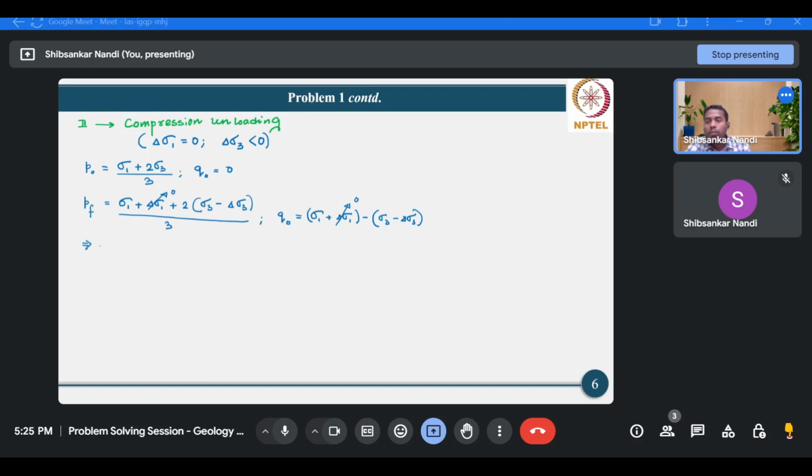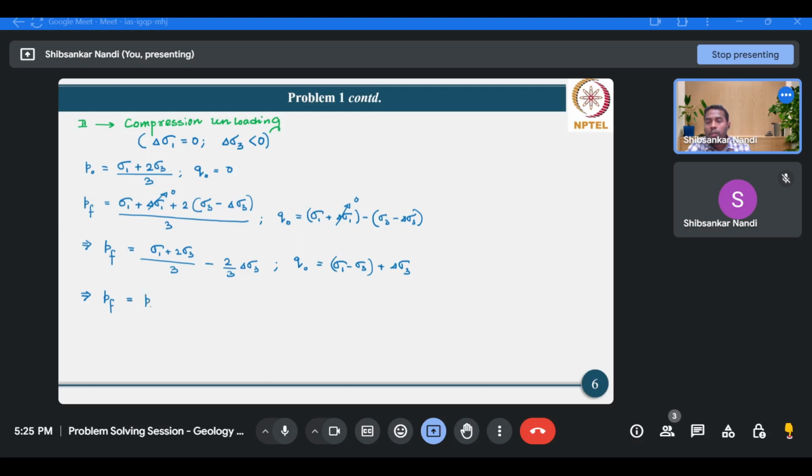So here this will be simply sigma 1 plus sigma 3 by 3 minus 2/3 delta sigma 3, and Q is sigma 1 minus sigma 3 plus delta sigma 3.